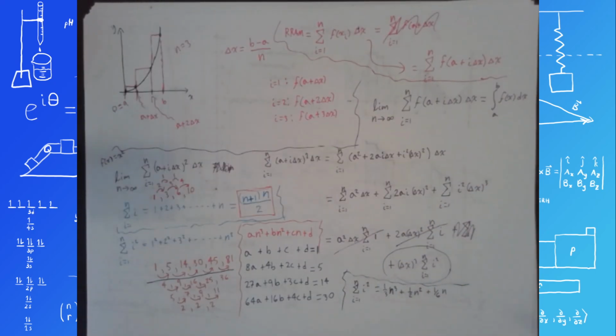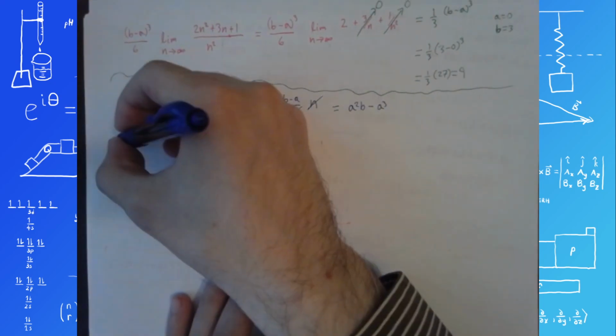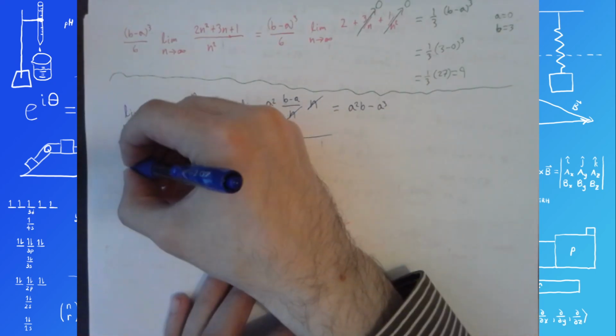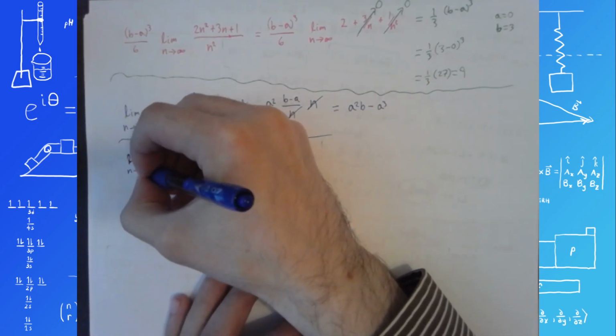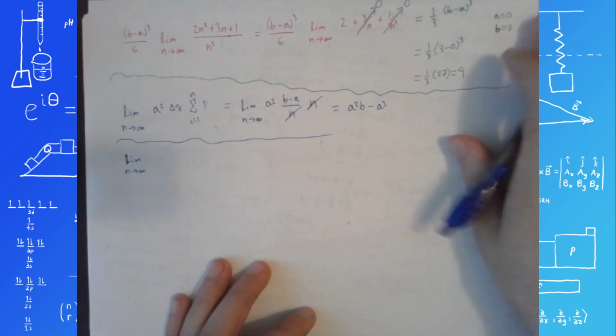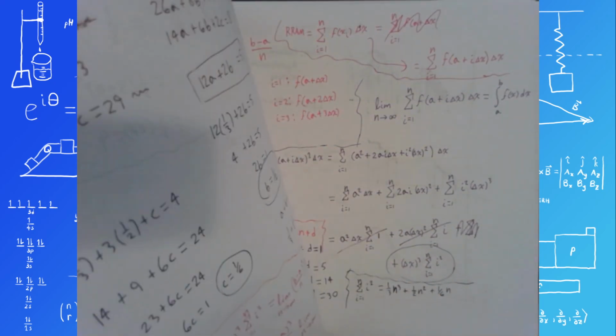Now for our second term, 2a delta x squared times the sum from 1 to n of i. Our next term is limit as n approaches infinity of, I've already forgotten, 2a delta x squared.